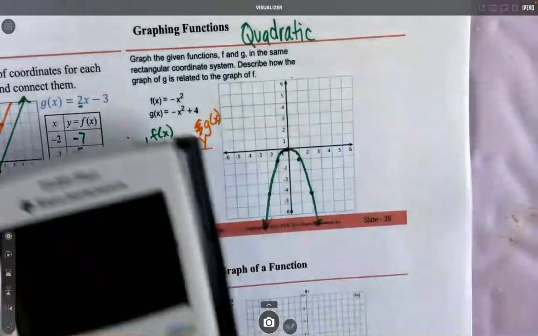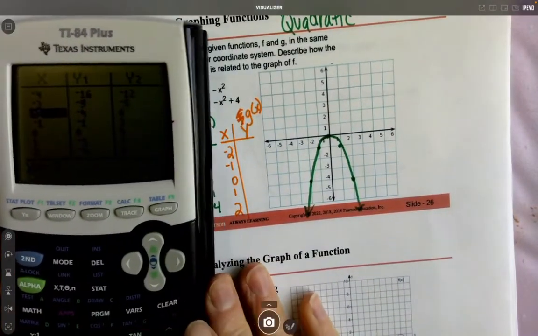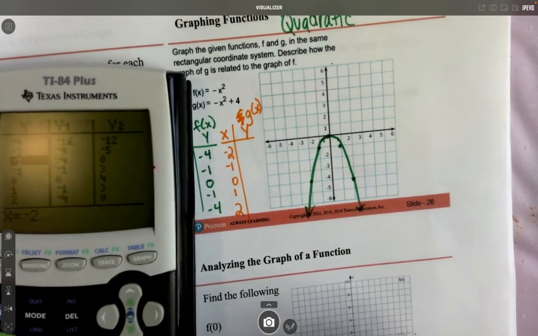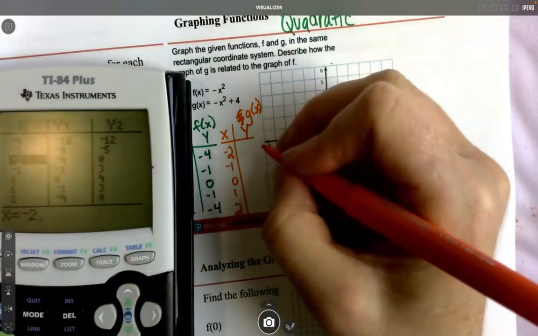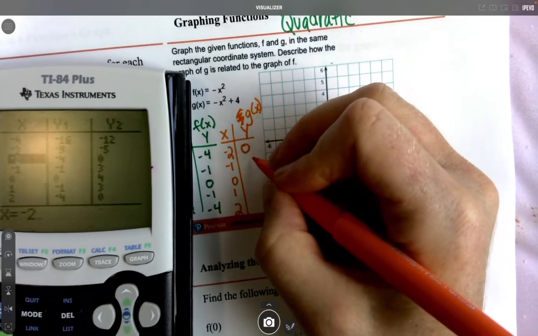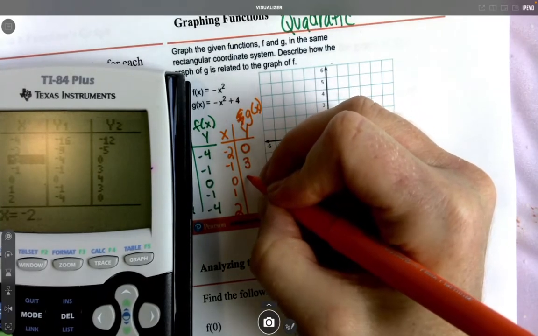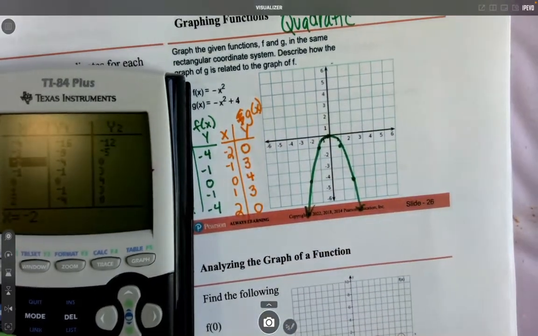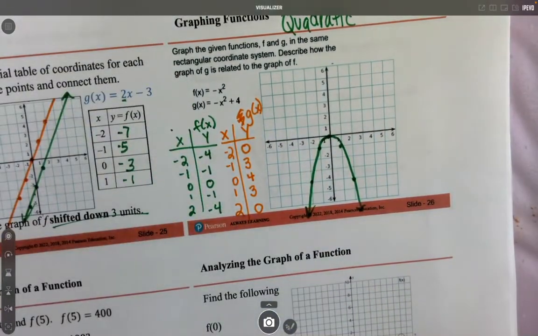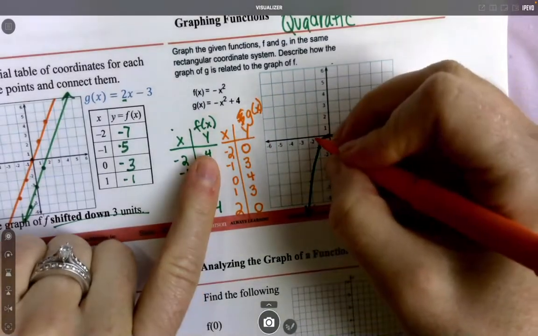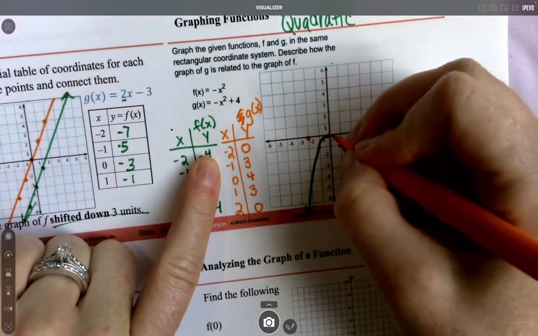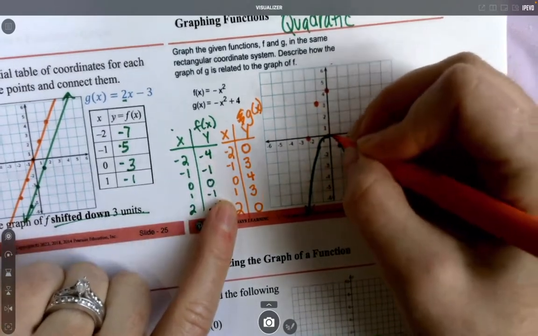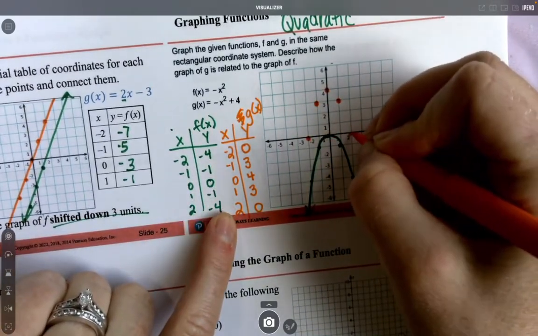So whenever I look at my table, let's see, it will be starting with -2, it's 0, 3, 4, 3, 0. Okay, so then when we graph it, I have -2, 0, -1, 3, 0, 4, 1, 3, and 2, 0.